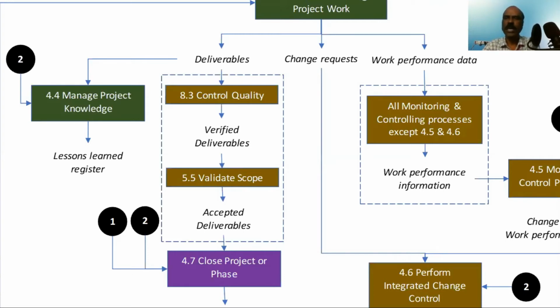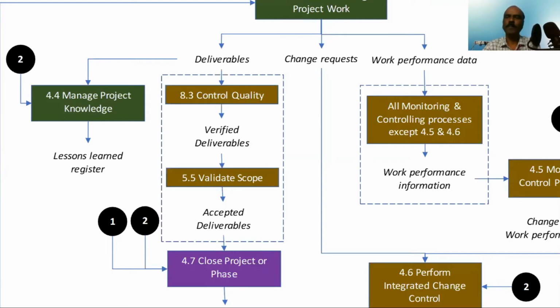So that is what is happening in control quality. So in control quality, mainly your internal team does the inspection. Once they do the inspection, if they are happy, they are going to tell you, okay, we have inspected, we are happy, we have verified the deliverables.